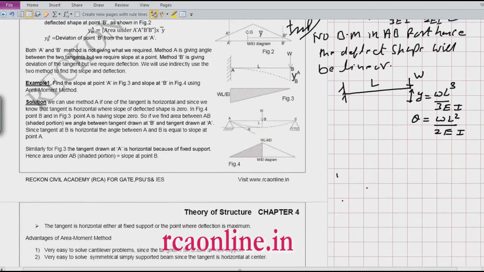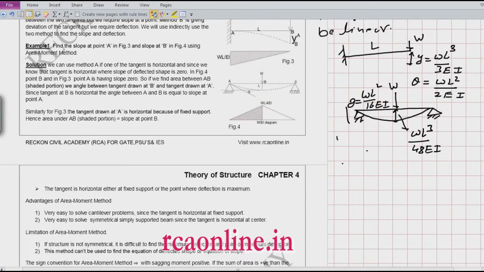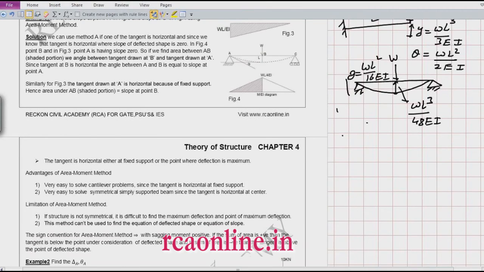Similarly, I request you to remember for this beam, I have just proved that the central deflection is WL cube over 48EI and theta at the hinge is WL square over 16EI. Is it okay? So this is the only use of the area moment method as far as engineering services and GATE objective is concerned. I again repeat, insufficient.